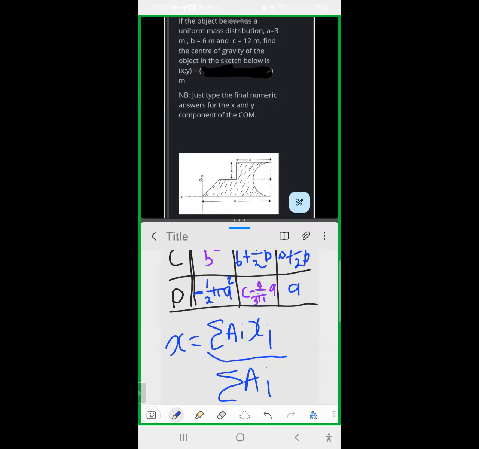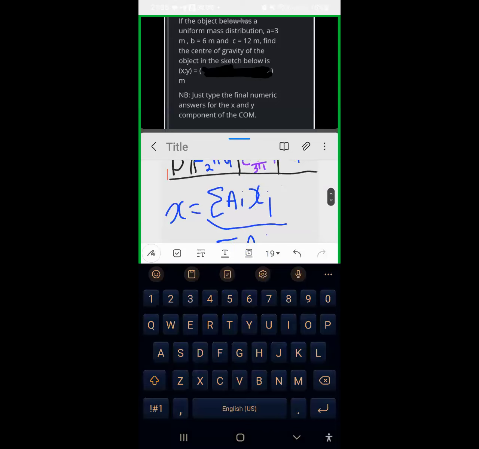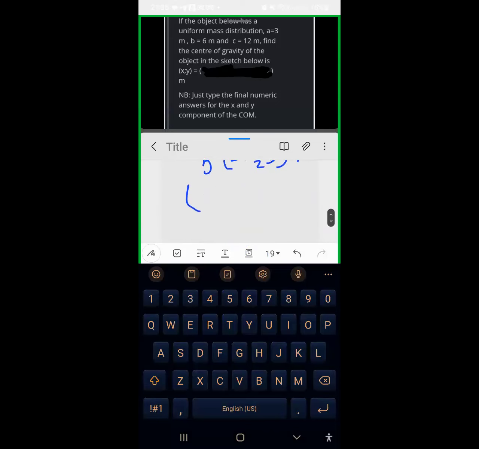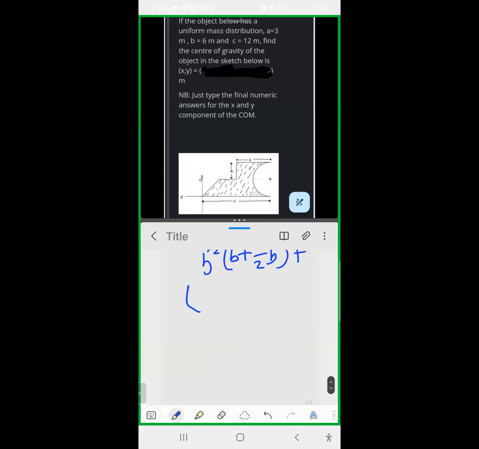Right. So this will be minus 1 over 2 pi a squared multiplied by c minus 4 over 3 pi multiplied by a, close bracket, and then close bracket, and then we're going to divide this whole thing by the total area.